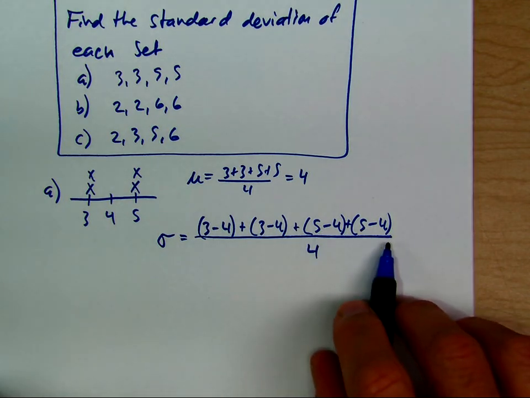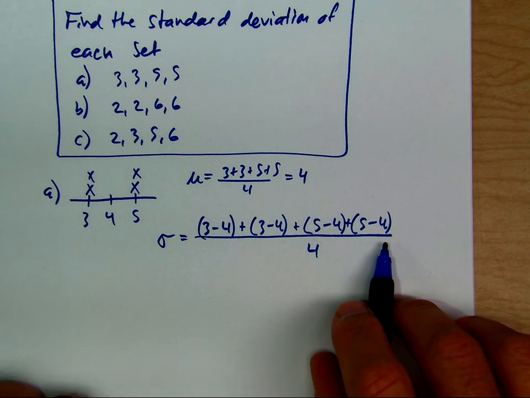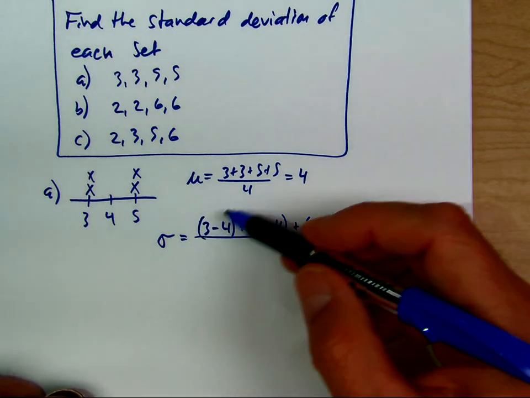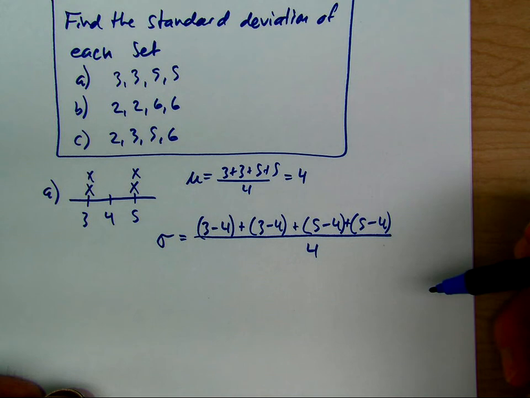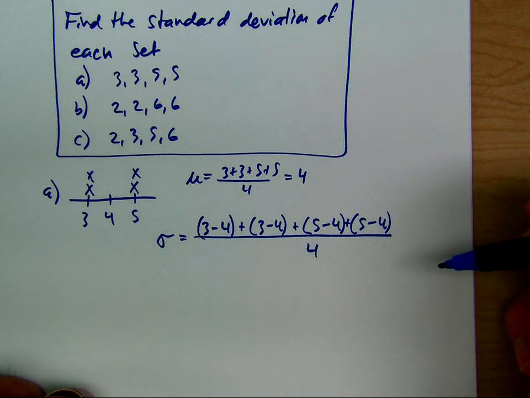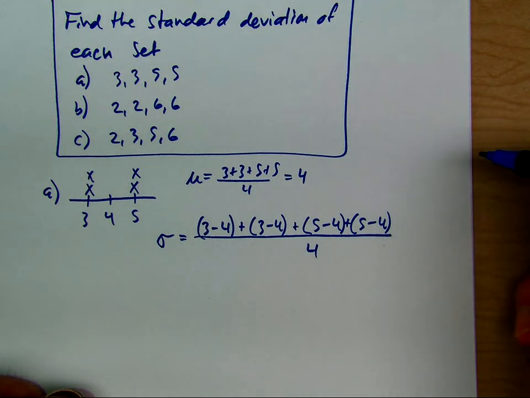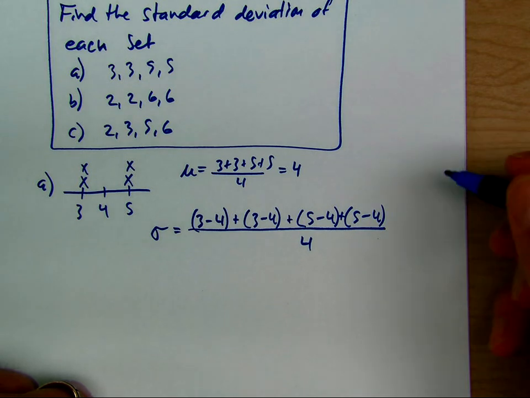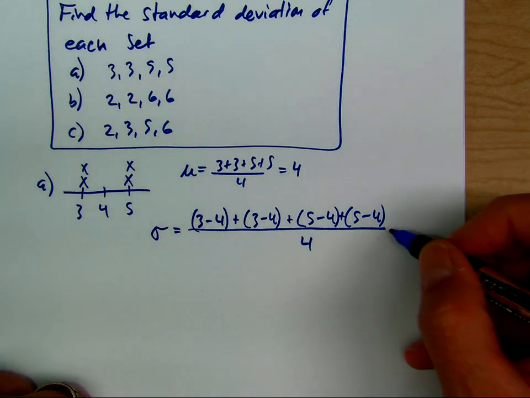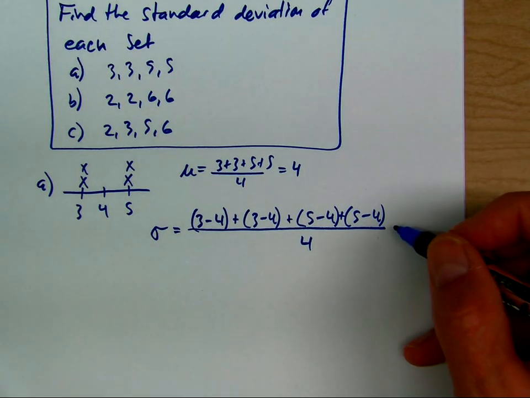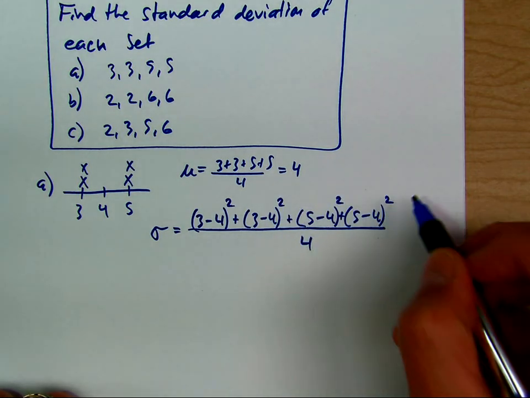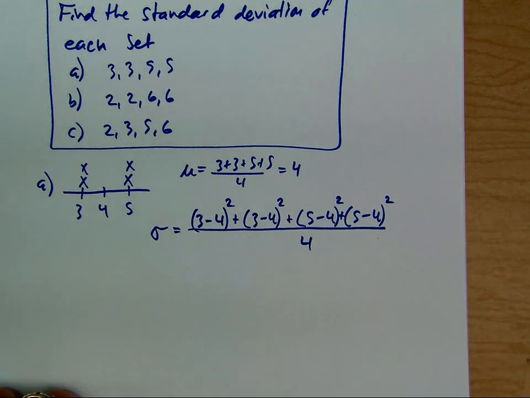So one way to take care of those negatives is just to say, let's find the absolute value of everything. And that is a measure of spread or dispersion, but the standard deviation just squares everything. So by squaring it, we make everything positive.